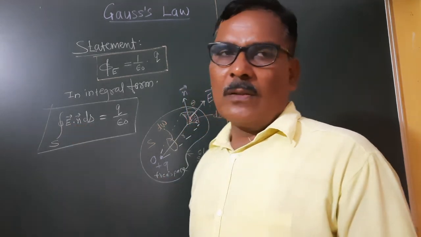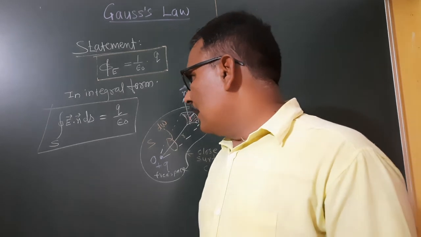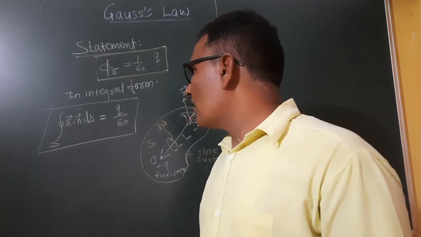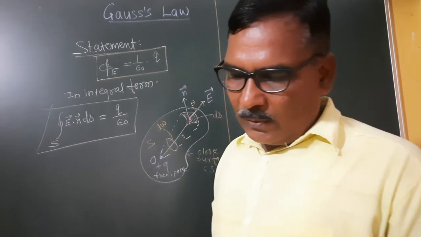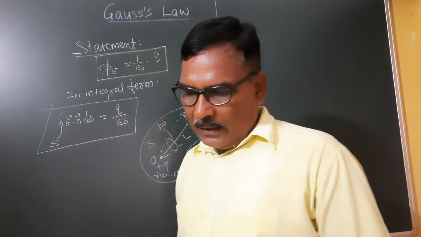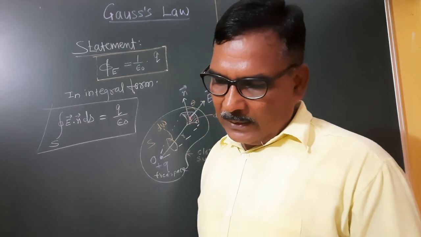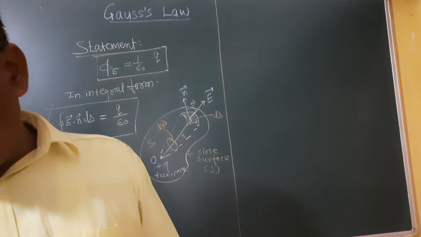Here n cap is the unit normal vector having magnitude 1. The surface integration is taken over the closed surface, n bar is the unit normal to that surface, and ds is the surface area.